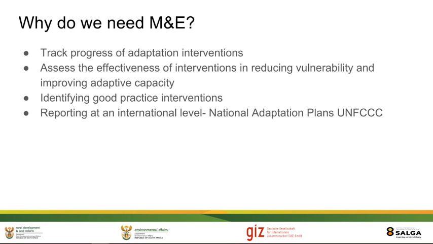A monitoring and evaluation system can also help with identifying and prioritizing good practice interventions and removing those that are less effective. Furthermore, at a national level, the outputs of an M&E system can be used to feed into international reporting requirements, such as the national adaptation plans required by the United Nations Framework Convention on Climate Change, the UNFCCC.